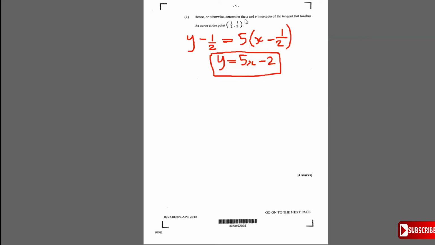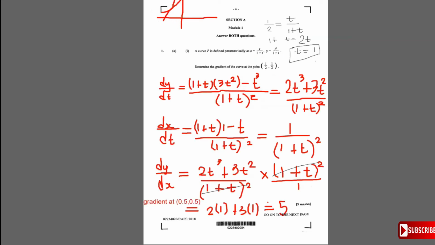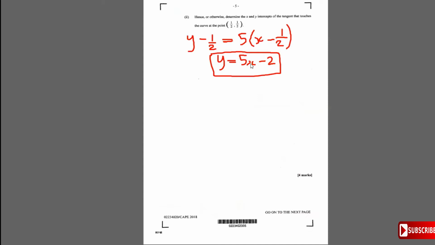They want the x and y intercepts, meaning where it crosses the axis. So they want this here and this here. Now we know that the x-intercept occurs when y is 0.